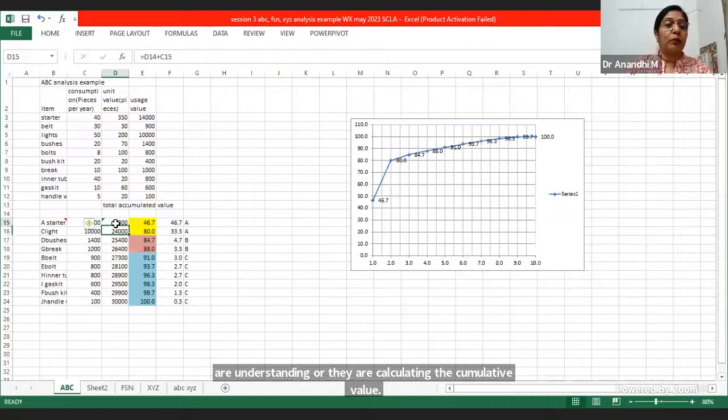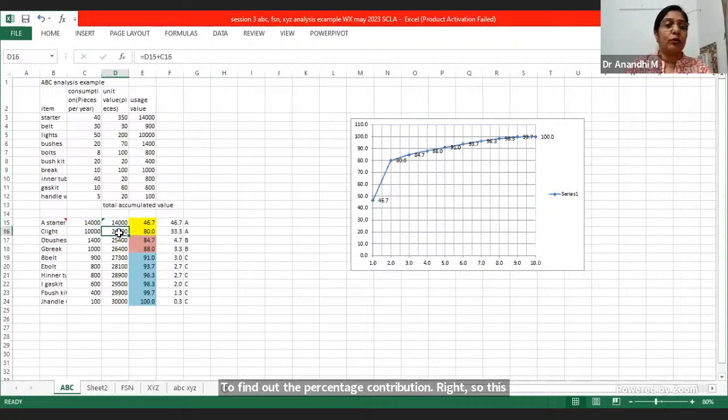Right? So this is cumulative: 14,000 plus 10,000 is 24,000, 24,000 plus 1,500 is 25,500. Likewise you do it, so that is the total cumulated value for all the products. With that, you find the percentage contribution of each product towards the total value of all the products.